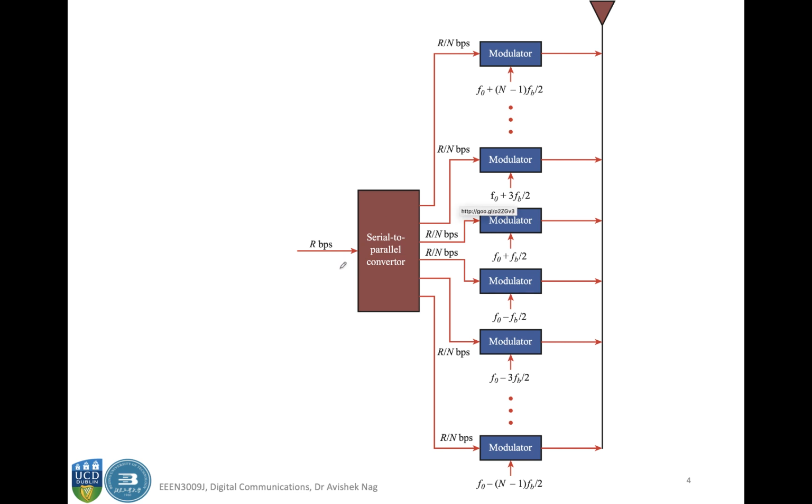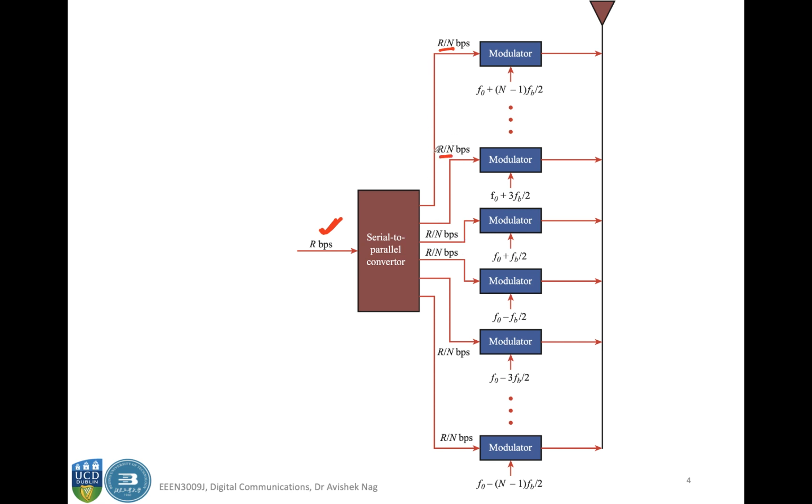As I was saying in the previous two slides, you have a signal or data varying at R bits per second. This is the throughput, and you use a serial to parallel converter to split this data into several small tributaries, each having a throughput of R over N bits per second.